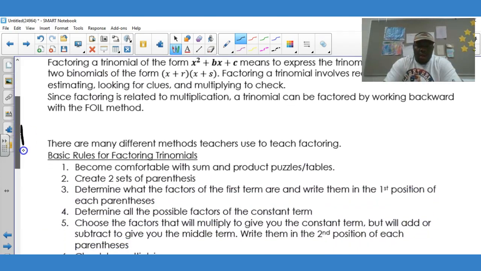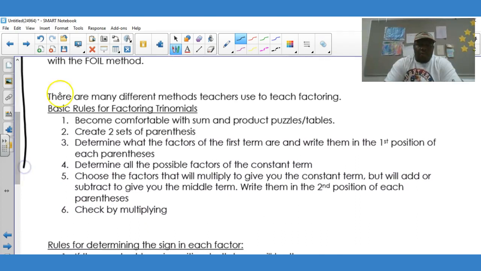I got a couple rules for you. Basic rules right here. There are many different methods teachers use to teach factoring. The basic rules though: become comfortable with sum and product puzzle tables. Create 2 sets of parentheses, like so.